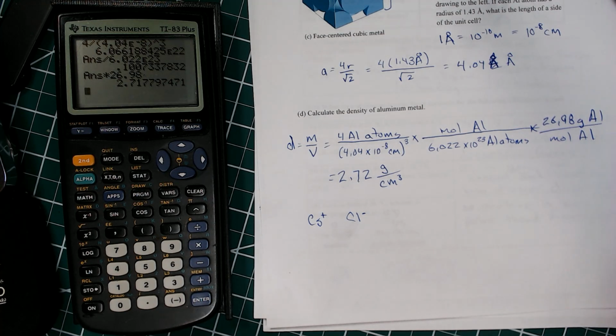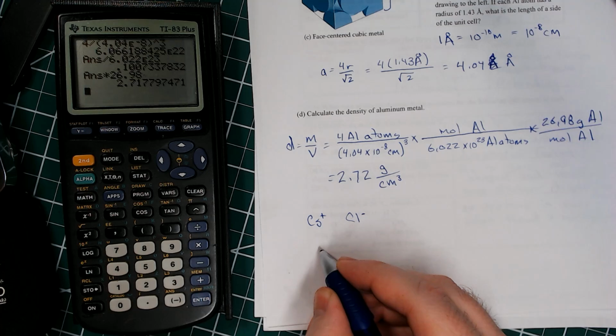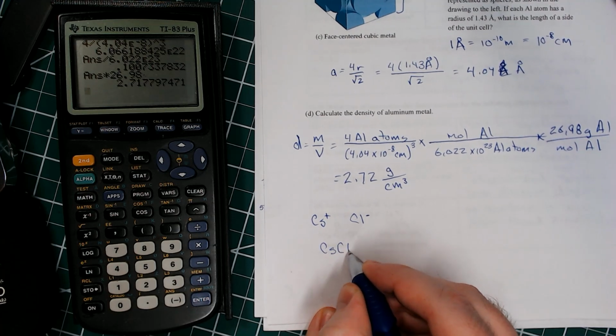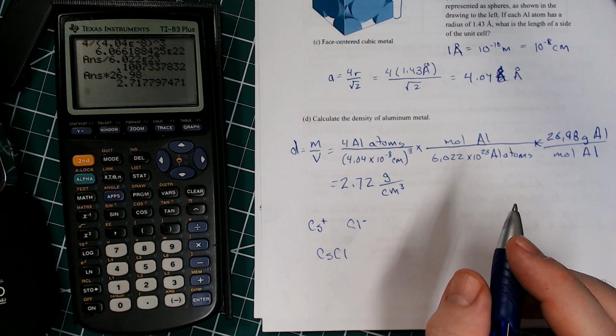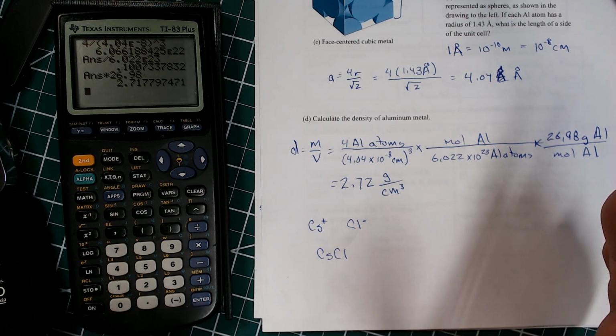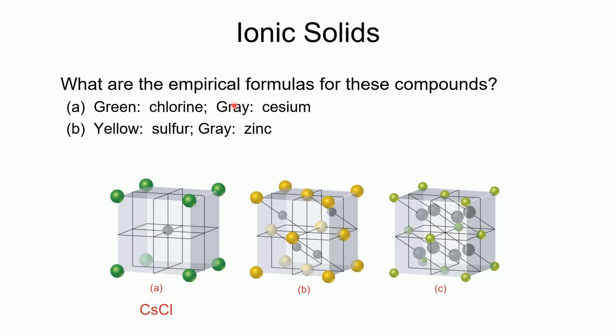So with those, since it's 1:1, you would have known you would have had CsCl. But what this method does is it provides us another way of coming up with the empirical formula.